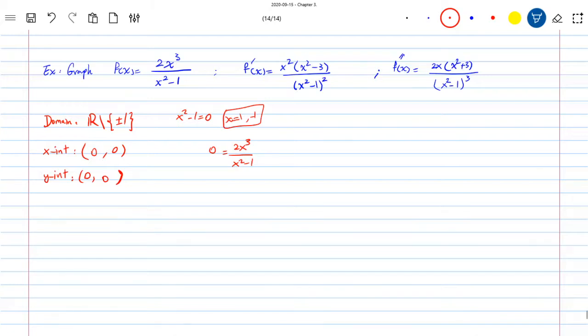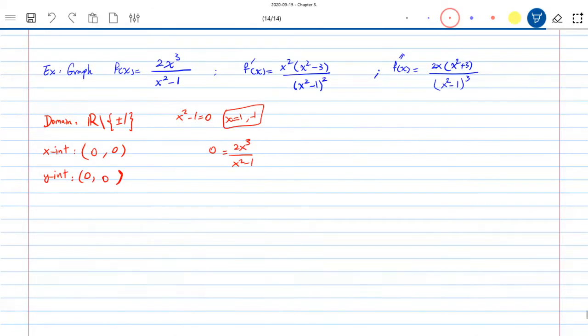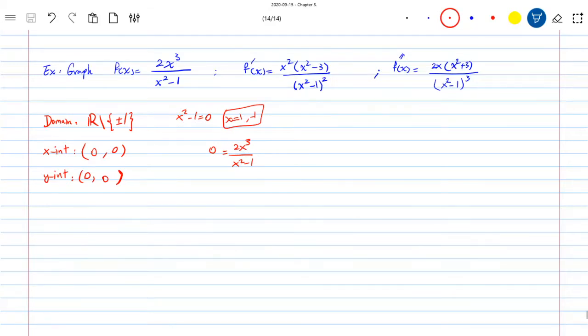Okay, after finding the intercepts, we look at the vertical and horizontal asymptotes or symmetry. Which order do you want to do it? So let's try symmetry first. Find f of negative x. What we get is replacing negative x into the function: 2 times negative x cubed divided by negative x squared minus 1, which is simply negative 2x cubed divided by x squared minus 1.